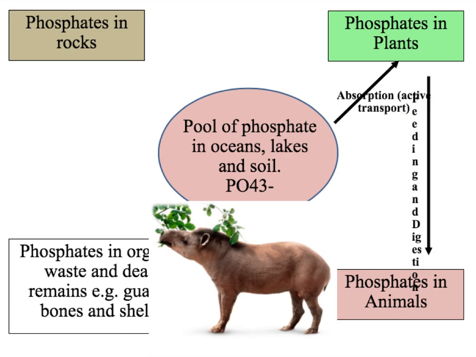So feeding and digestion. An animal will eat the plants, like this tapir here. It will digest the plant material, the DNA and the phospholipids, releasing phosphate, which can then be absorbed and used by the animal to make its own phospholipids, etc. If you could then think how phosphates in animals could return to oceans, lakes and the soil.